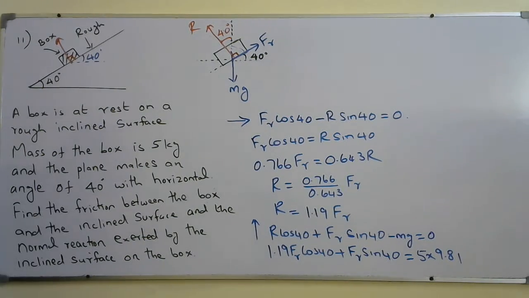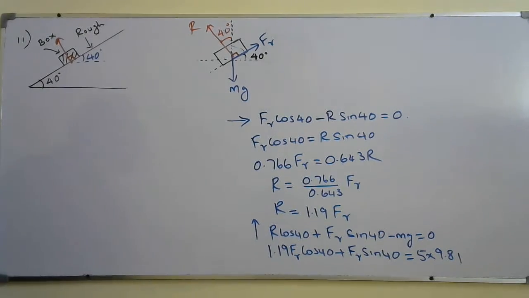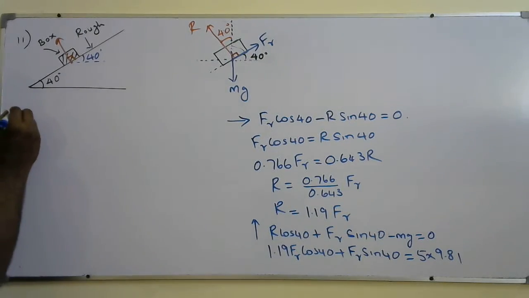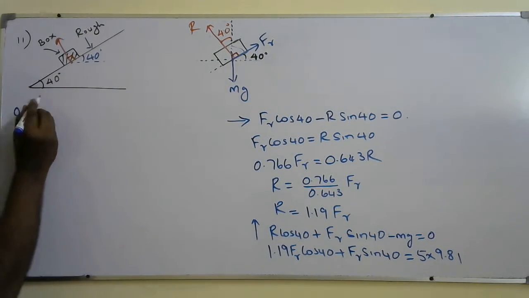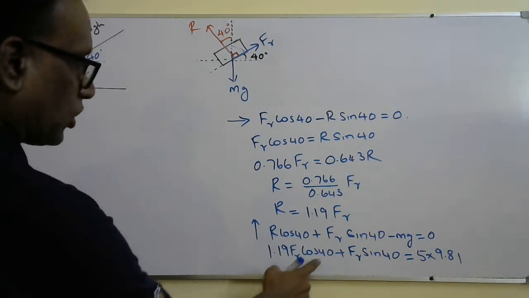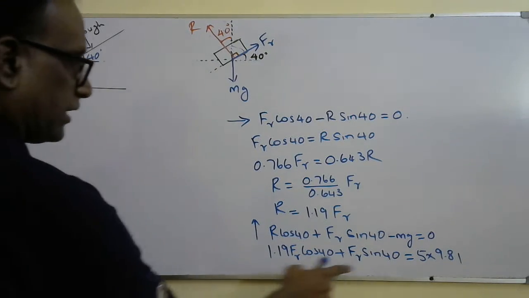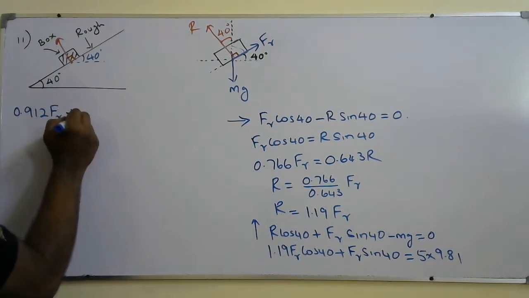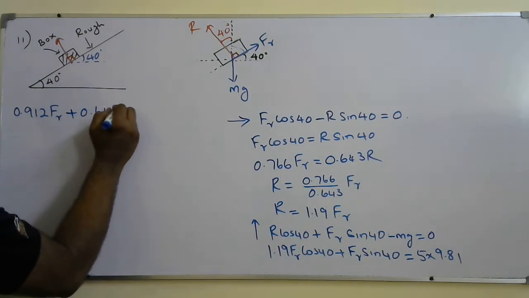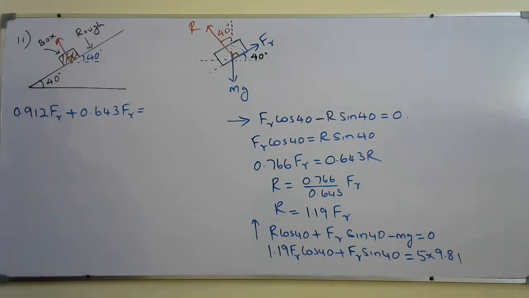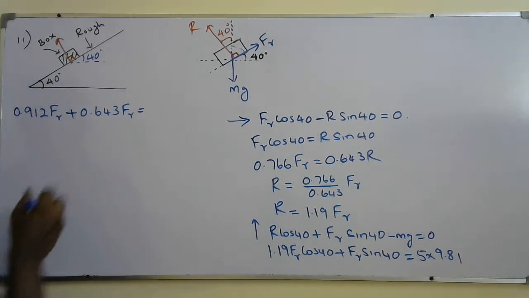I'll erase this part. Okay, so 1.19 cos 40, that is equal to 0.912 Fr. Here again sin 40 Fr, so that will be 0.643 Fr equal to 5 into 9.81, so that will be equal to 49.05.